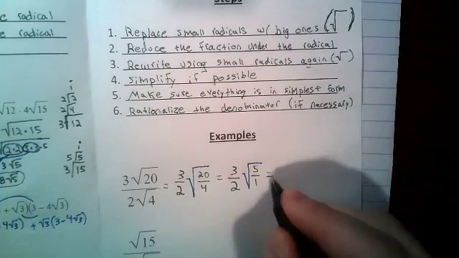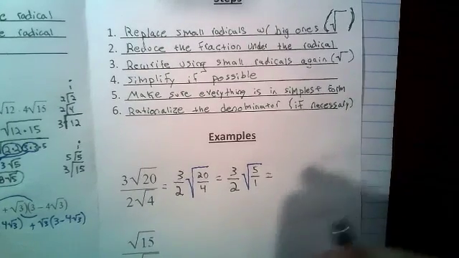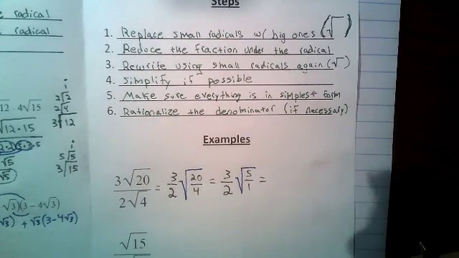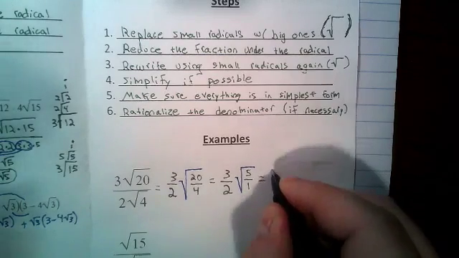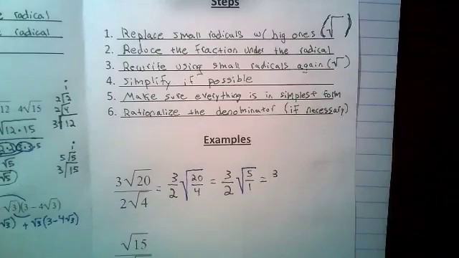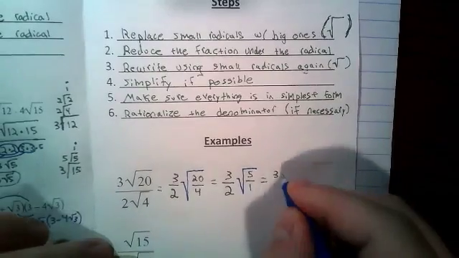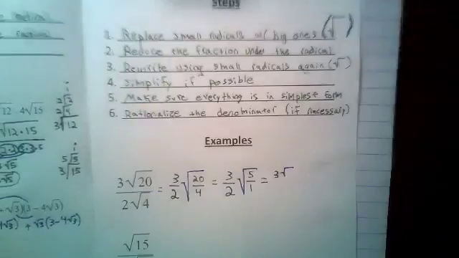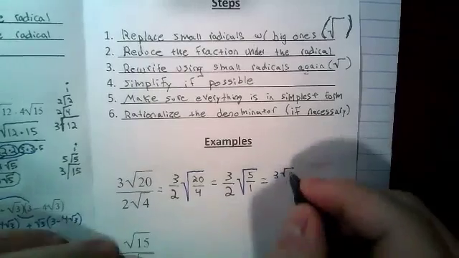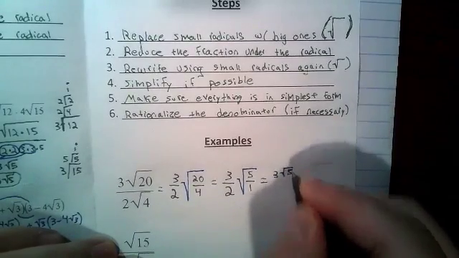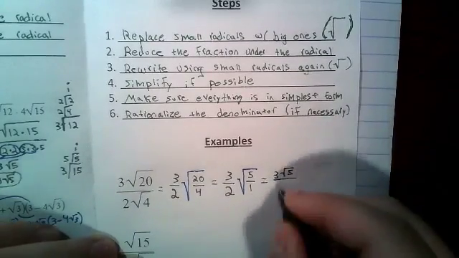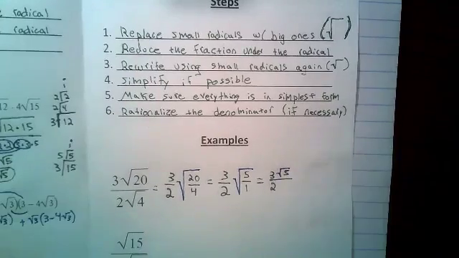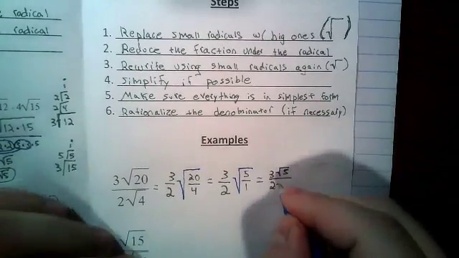Now that I've reduced that, step 3 says to rewrite using the small radicals again. So I bring this back to 3 times the square root of 5 over 2 times the square root of 1.